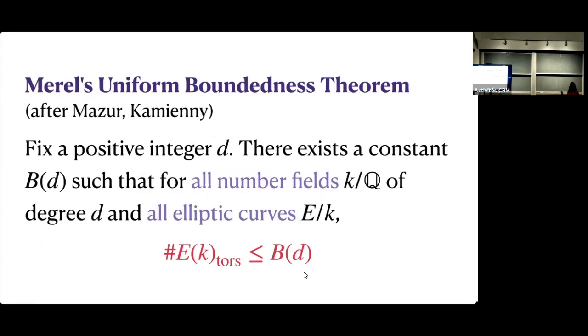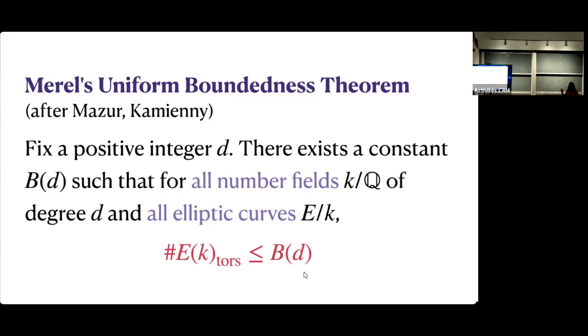This is one of my favorite theorems. It's a theorem of Merel. It tells us that if you fix a positive integer d, then for all number fields of degree at most d, and all elliptic curves defined over those number fields, the torsion on that elliptic curve is bounded by a constant that depends only on the degree.